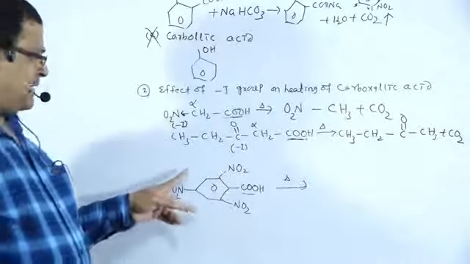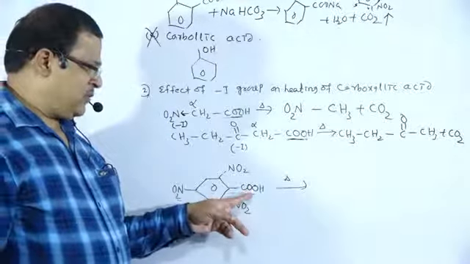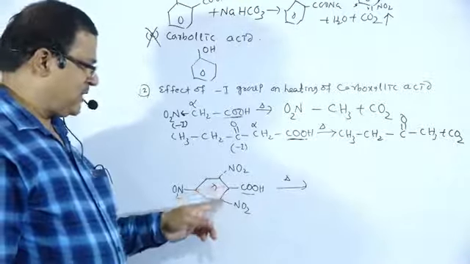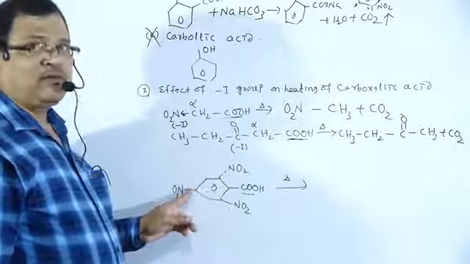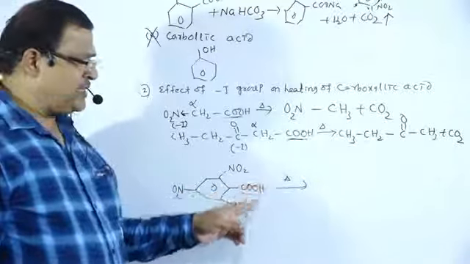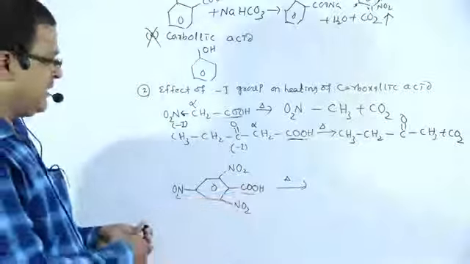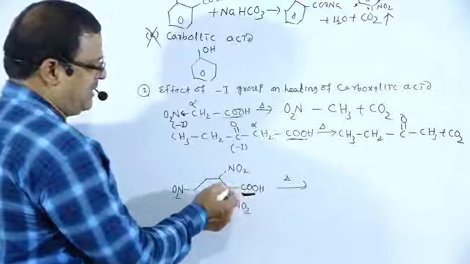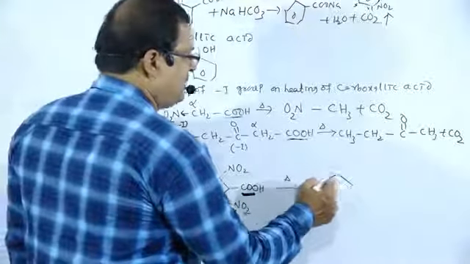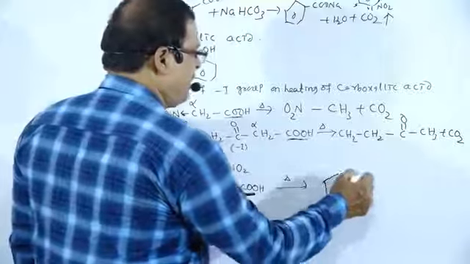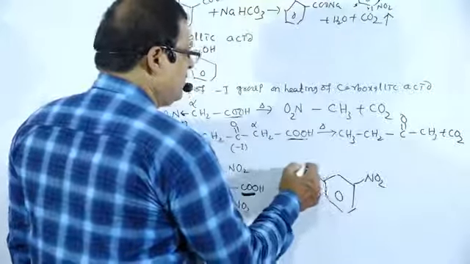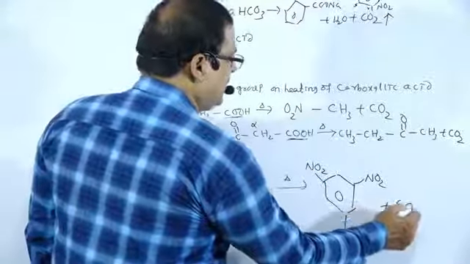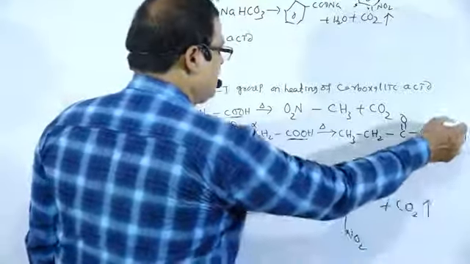In the case of the third one, the COOH group has an NO2 group, a -I group, at the alpha position and also at the gamma position. When this compound is heated, CO2 is removed in the form of carbon dioxide, and H is attached to this one. So the product formed is the ring with NO2 groups plus carbon dioxide gas released.